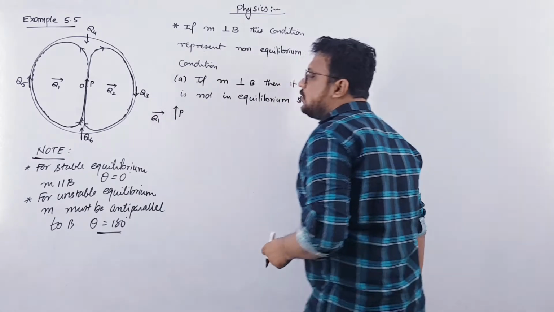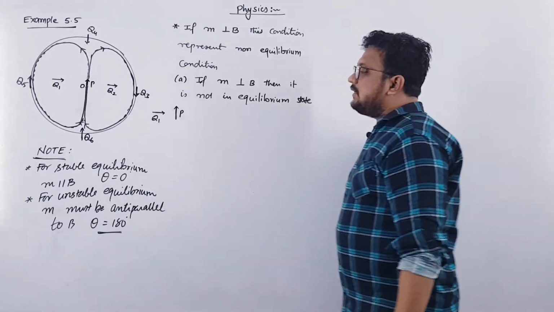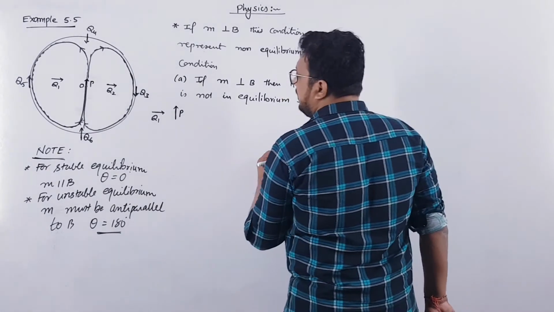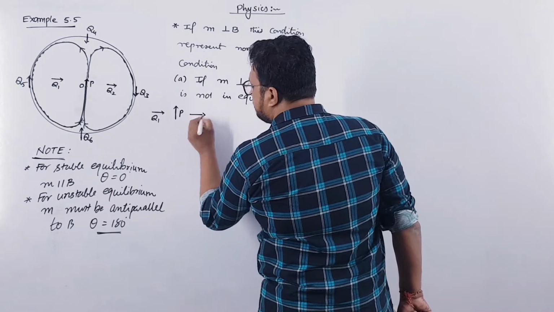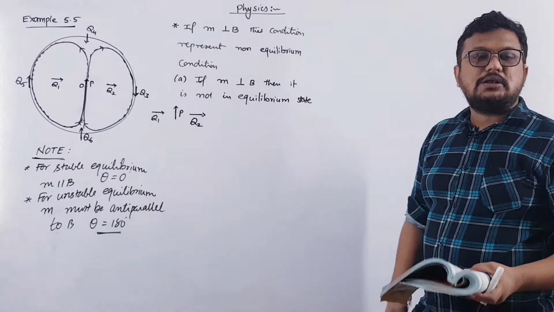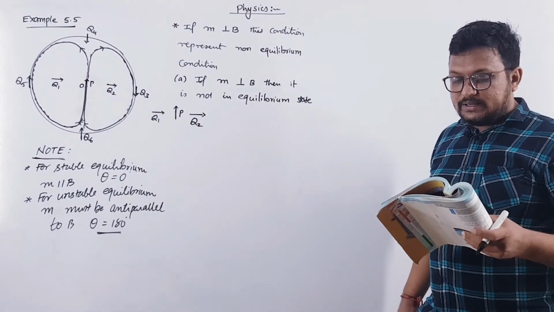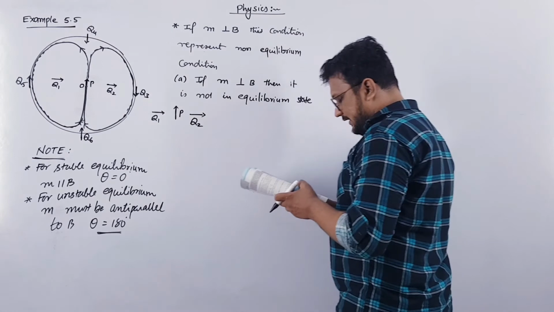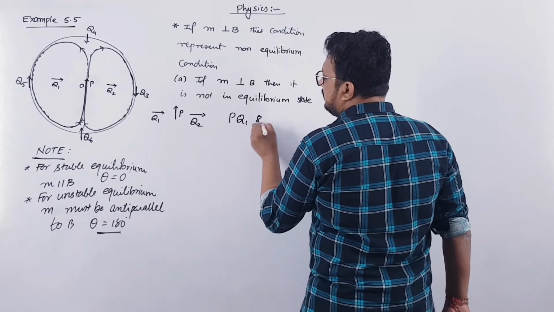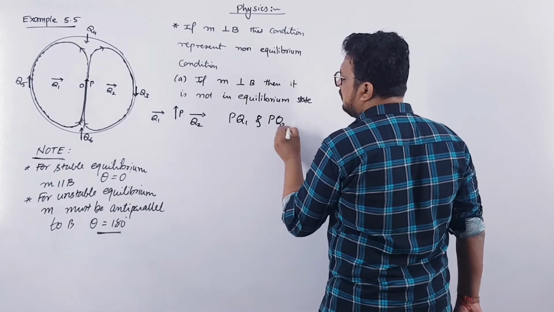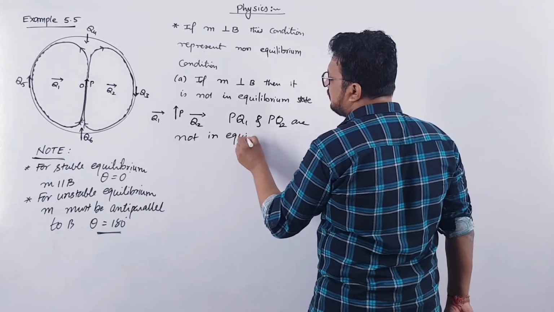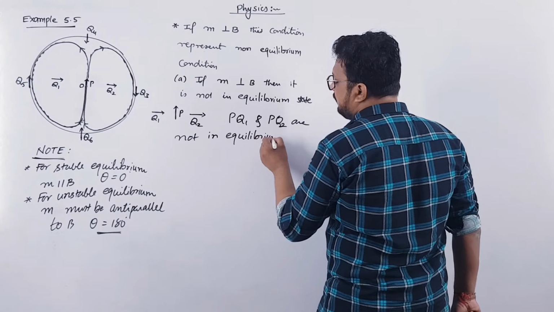So the angle between P and Q1 is 90 degree. So Q1 is not in equilibrium with P. In the same way, here we have Q2, which is also perpendicular to P. So it represents that P and Q2 are not in equilibrium. So PQ1 and PQ2 are not in equilibrium state.